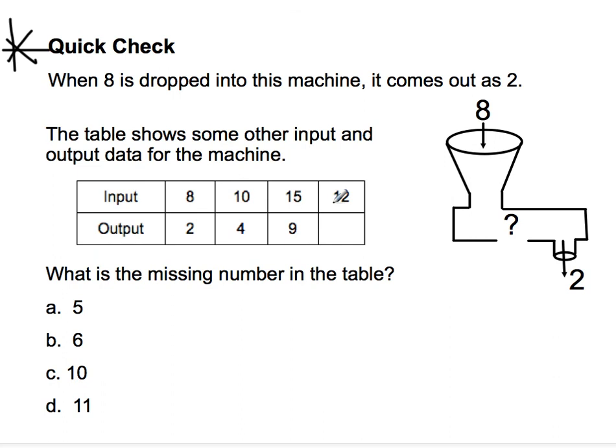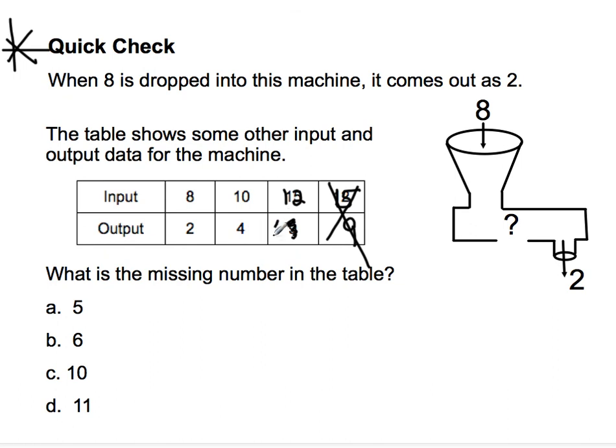Well, these inputs are not in order. So why don't we just change it? Why don't we put 10, 12 to whatever and go 15 to 9? And let's put our inputs in numerical order, from lowest to highest. Now, I don't think we even need this number because we can figure out the pattern here. Inputs 8, 10, 12. Output is 2, 4.